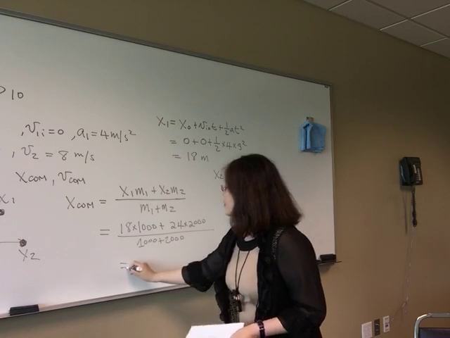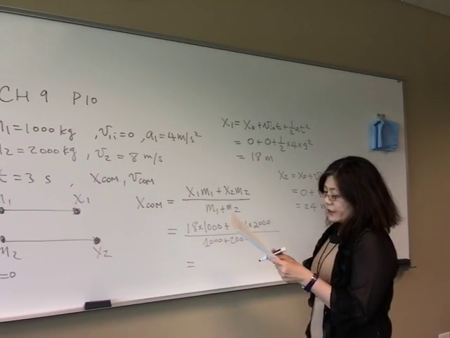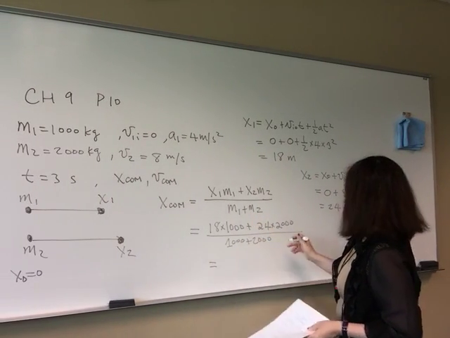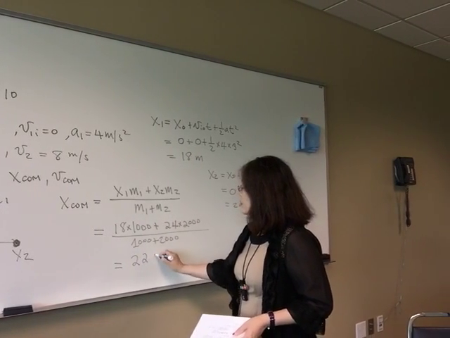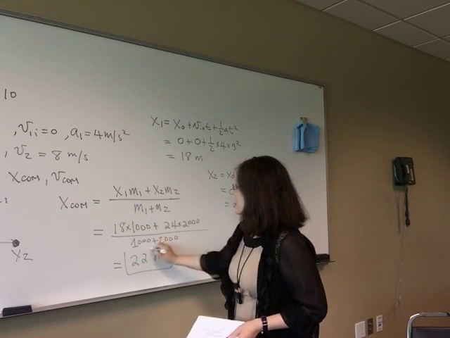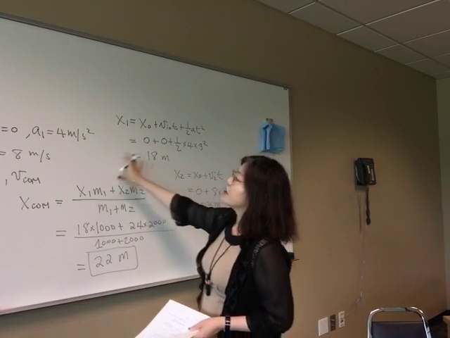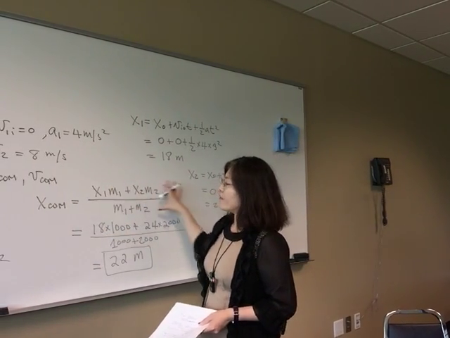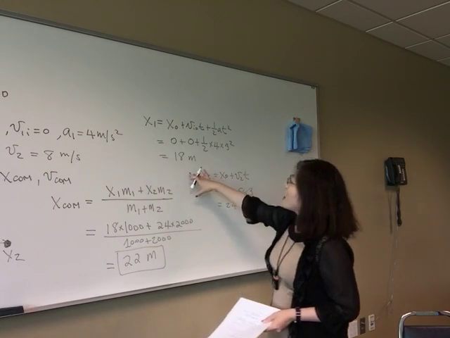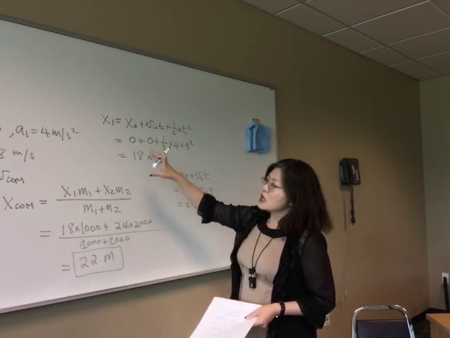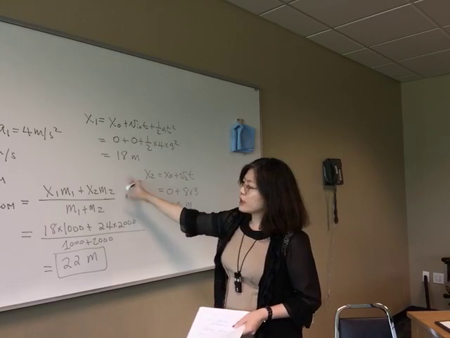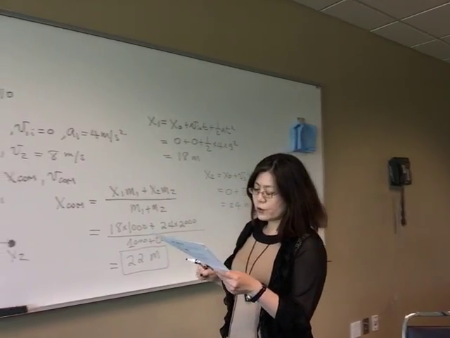After you plug in the numbers, the center of mass will be located at 22 meters. So that's the location of the center of mass, and that's an easy one. Basically we just use the definition of center of mass, calculate the positions according to the equations of motion, and plug into this equation. Then you get your answer.